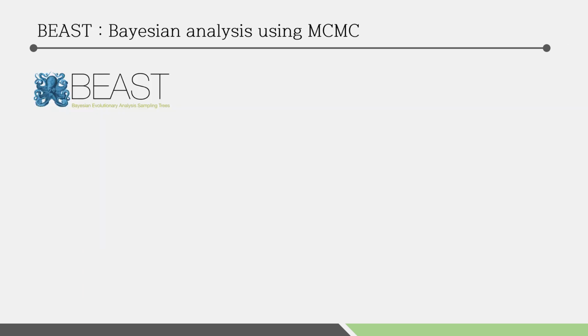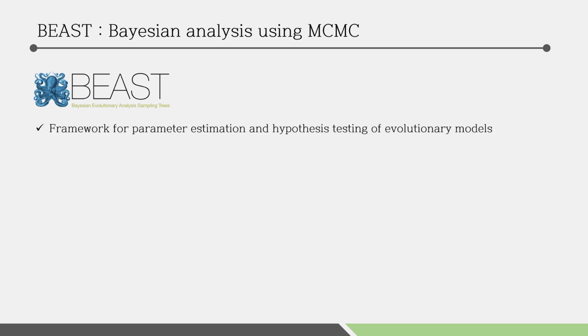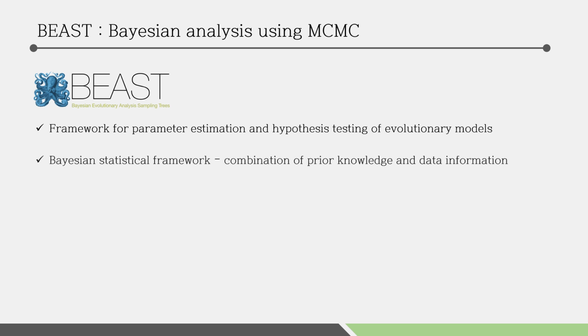BEAST is a framework for parameter estimation and hypothesis testing of evolutionary models. It is a Bayesian statistical framework used combination of prior knowledge and data information.